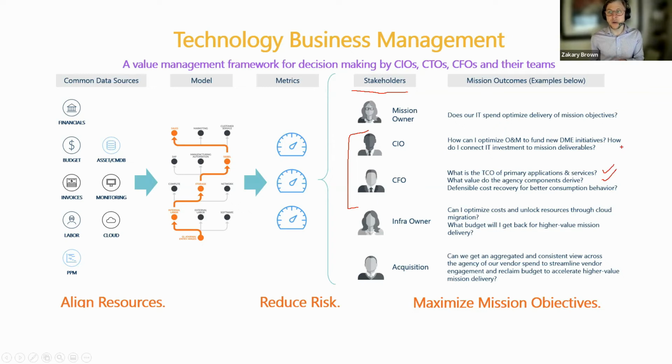Finally, we'll take a look at understanding our applications. We'll then look at optimizing our O&M and funding new DME initiatives, or if we need to look at run the business, grow the business, how we can actually start to reinvest. So those are some of our goals today. I know we listed quite a few things, but I just wanted to start here with the how before we actually get into some of those views.